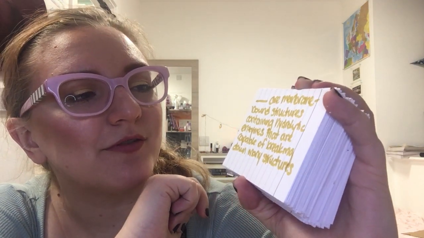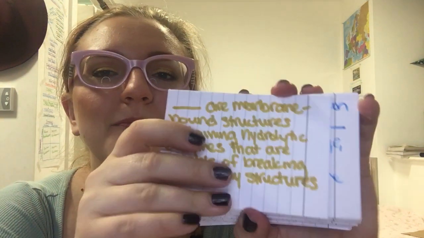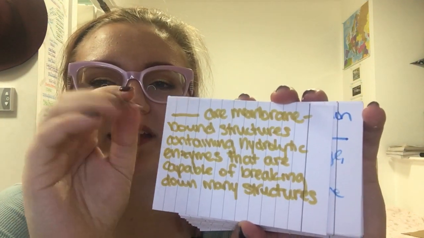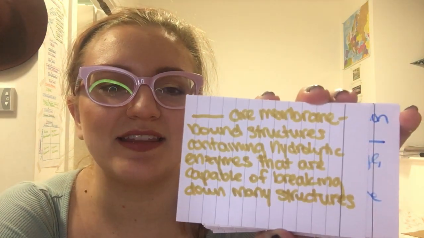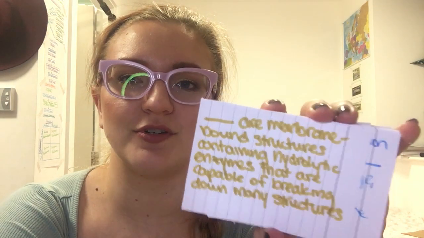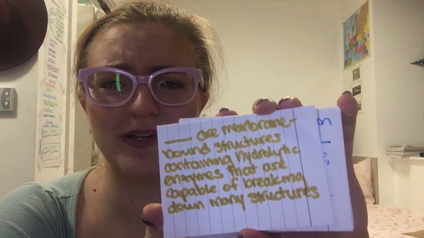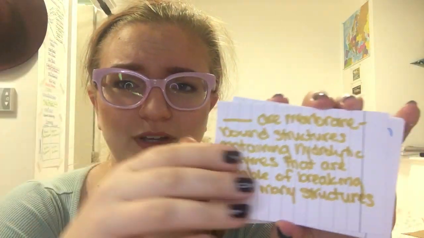Blank are membrane-bound structures containing hydrolytic enzymes that are capable of breaking down many structures. Now, I'm a big believer in understanding word roots in the sciences, because I think it really does help you, especially once you get to anatomy. It is so helpful to just know the word origins, because even if you come across a word that's very complicated, you can kind of break it down and figure out what it means.